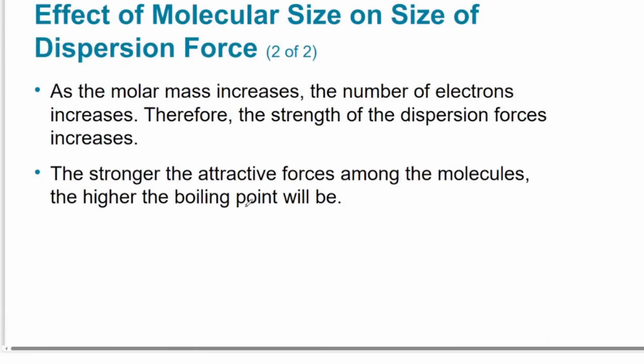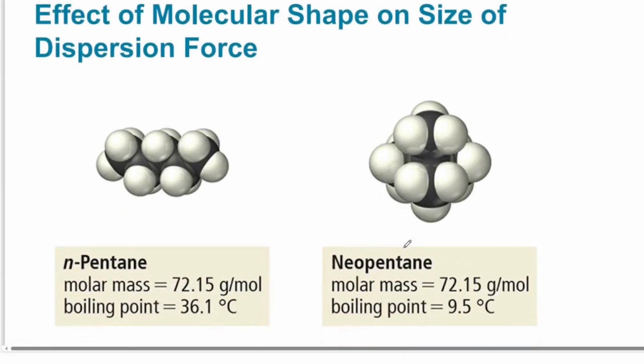All right, and so the stronger the attractive forces are, the higher the boiling point will be. Now, we're looking at examples of molecules or atoms that only have these London dispersion forces, which are also known as van der Waals interactions. These molecules only have these dispersion forces available.